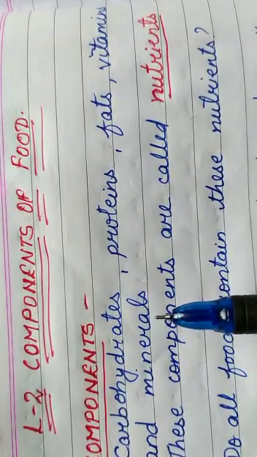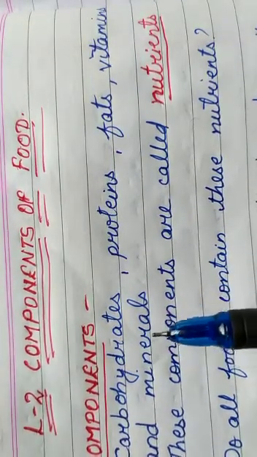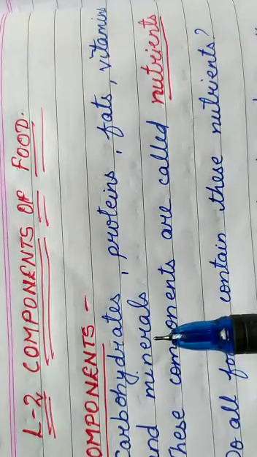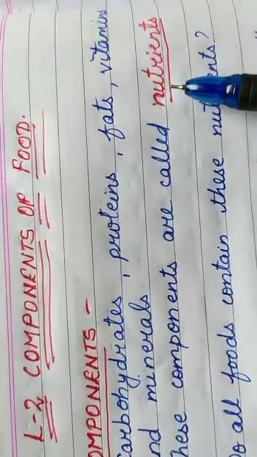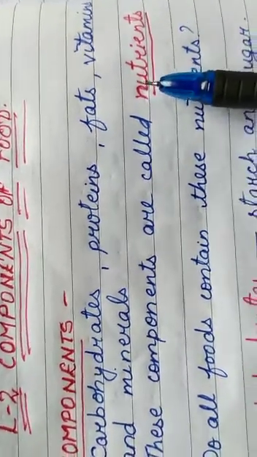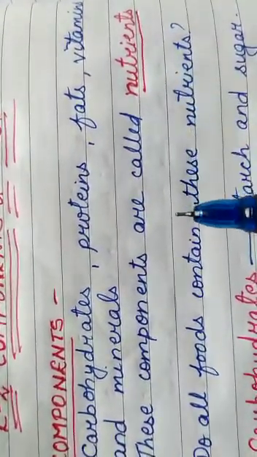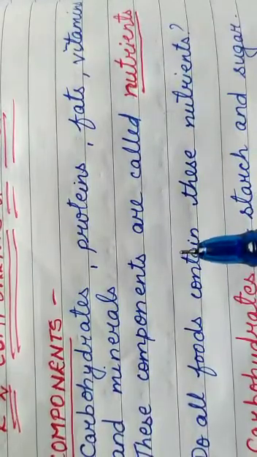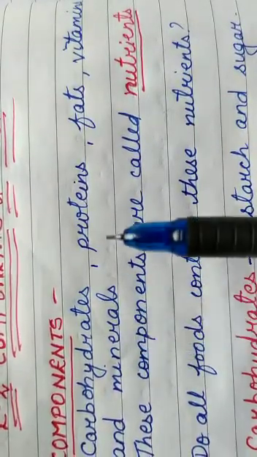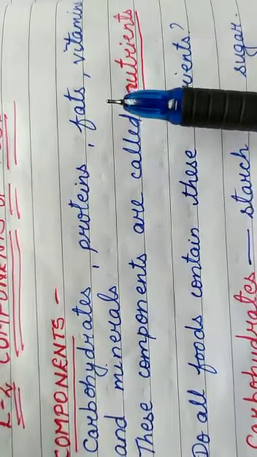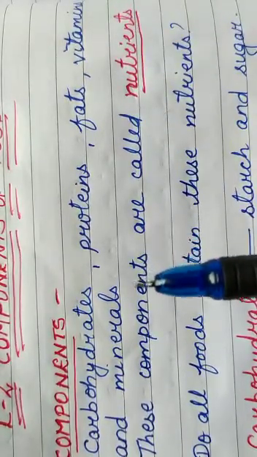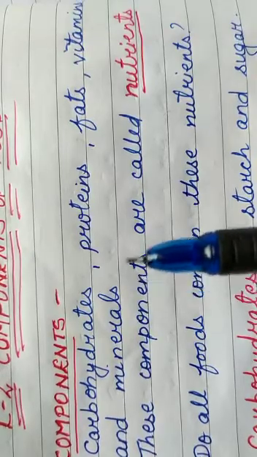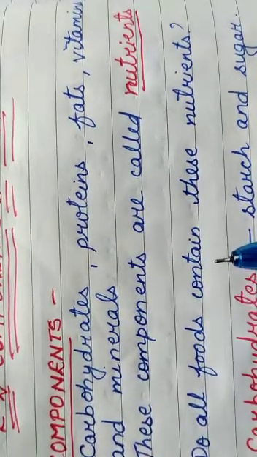Whatever food we eat contains one or other of these components, and these components are also called nutrients. So that means whatever food that we are eating contains either carbohydrates or proteins or fats or vitamins or minerals, and we will study about these components later on in this chapter.